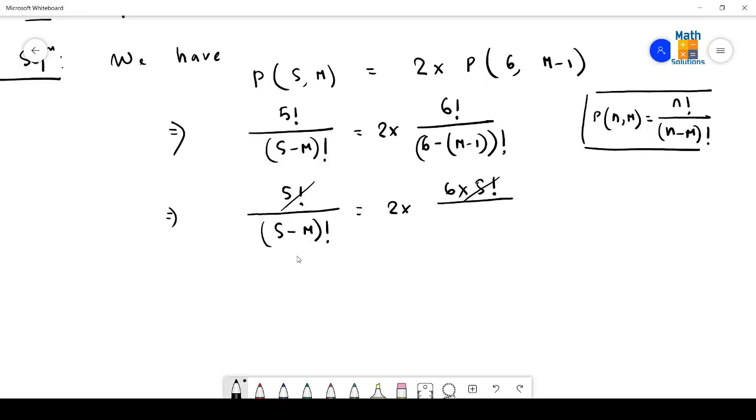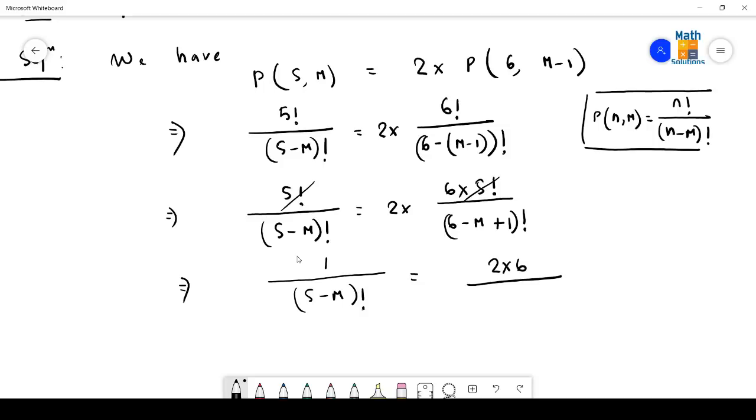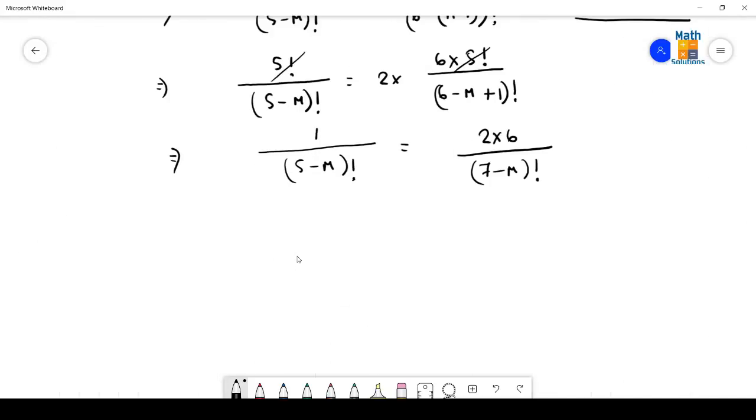And then after, what do I get? 6 minus R plus 1 factorial. So after this I shall write 1 by 5 minus R factorial is equal to 2 into 6 divided by 7 minus R factorial.